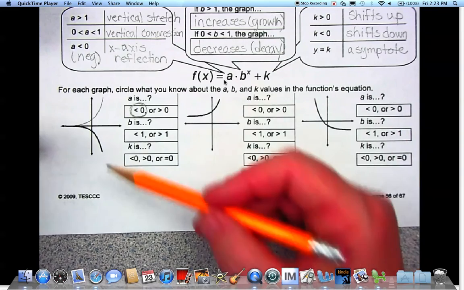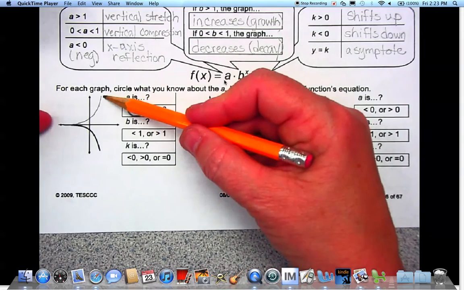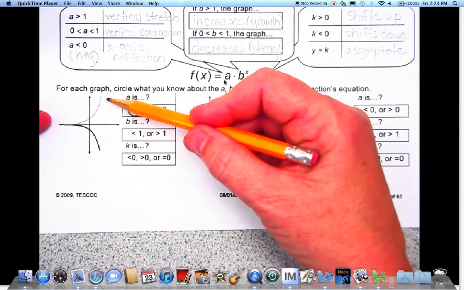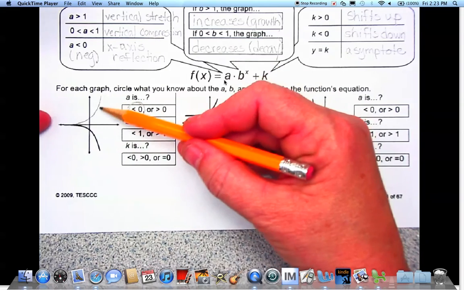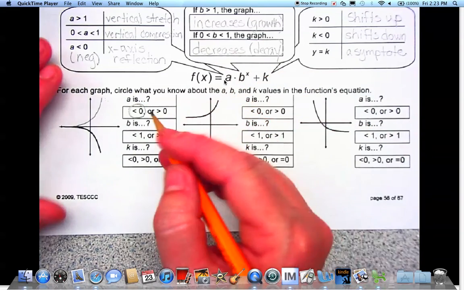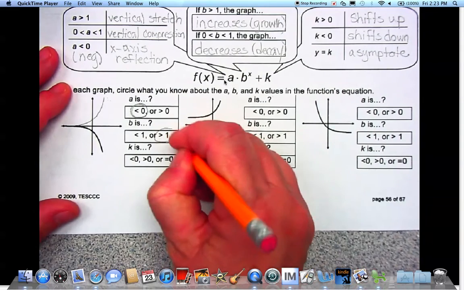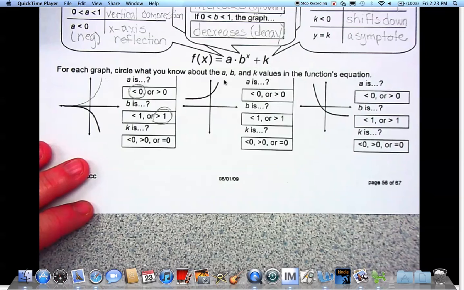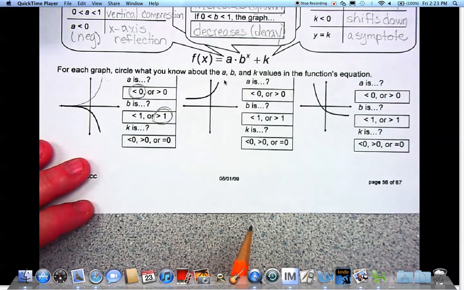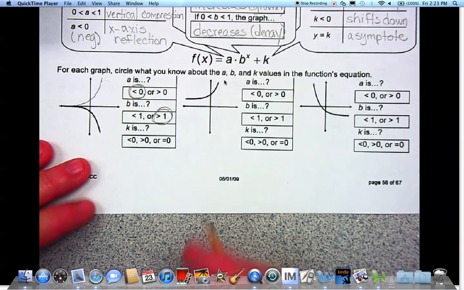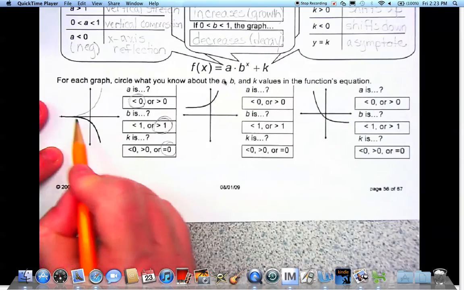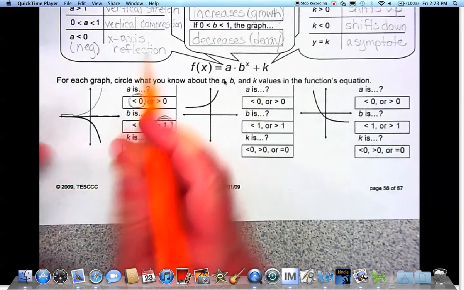You have to flip it back up to tell. When we flip it back up, it's growing. So is B less than 1 or greater than 1? Greater than 1. Good. Now K is your asymptote. It equals 0. This asymptote is right here at 0.